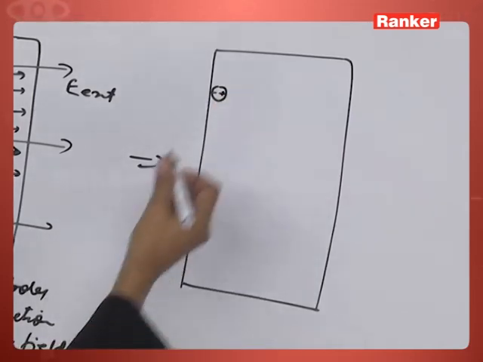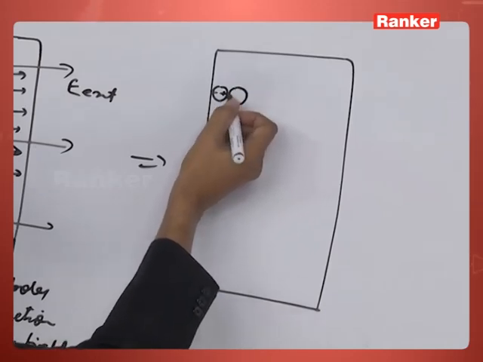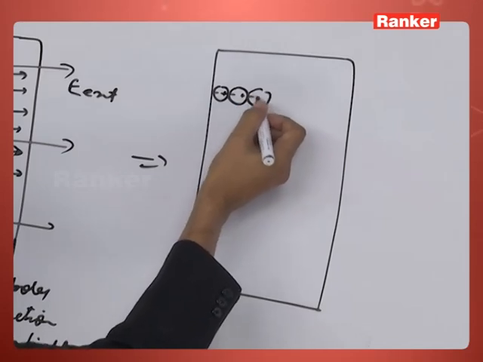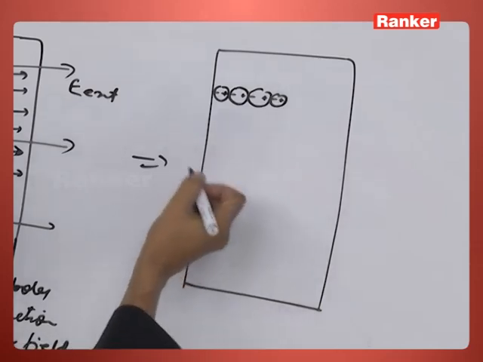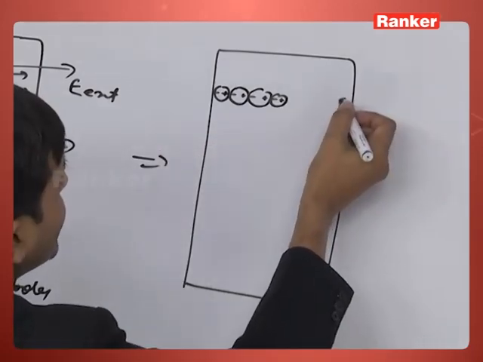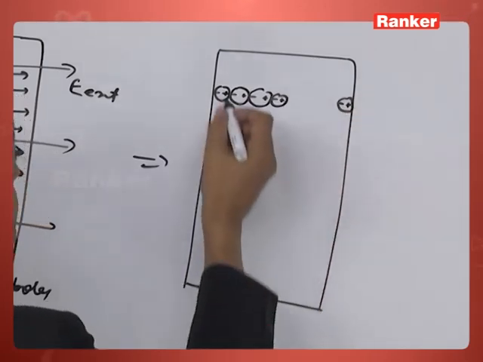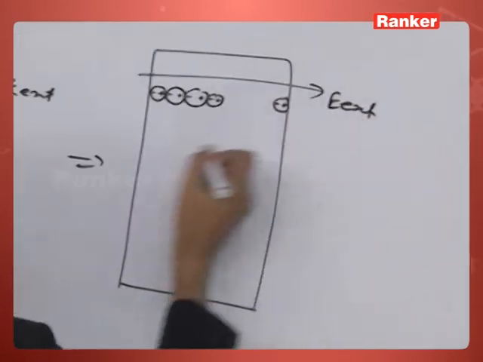Then adjacent to this another atom is there, negative charge of this, positive this, then another atom likewise. In this manner we have dipole moments, and this is the last atom on that side, negative and positive, and this is the external field.